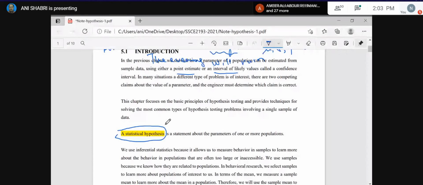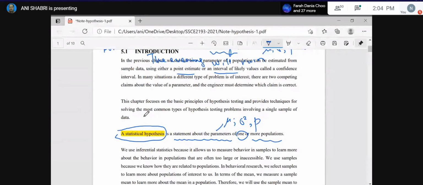It is about the mean. We want to make a statement about the mean, variance, and proportion P. Okay, for example, the mean weight of students in UTM is equal to 60 kilograms.